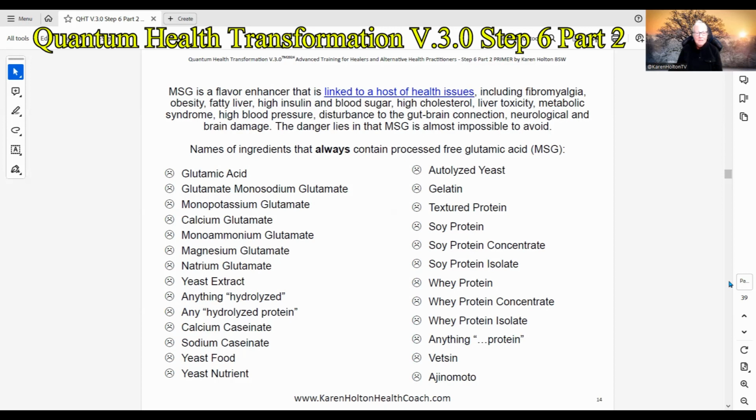Here are some names of ingredients that always contain processed free glutamic acid, or MSG, and you might be surprised by some of them.